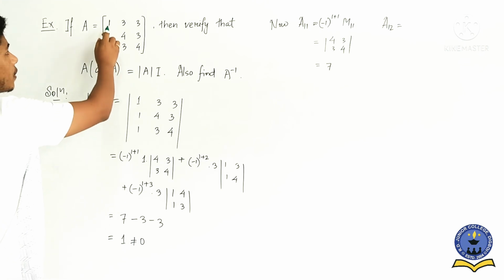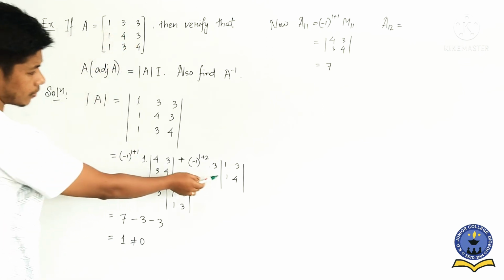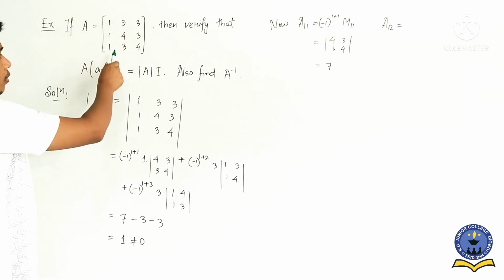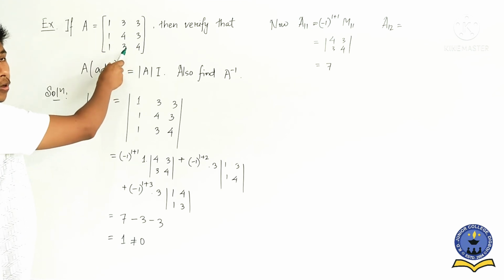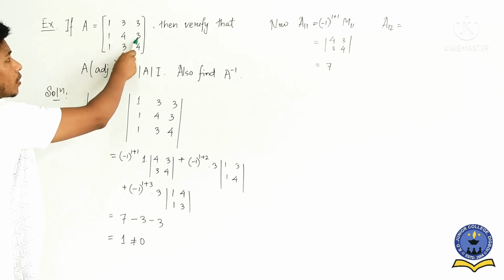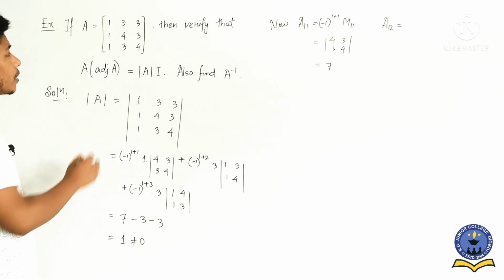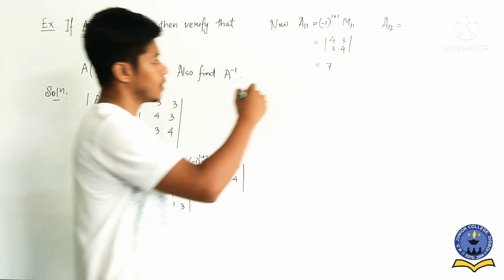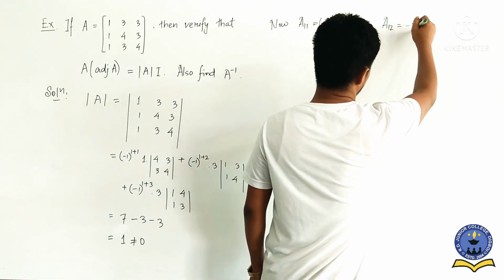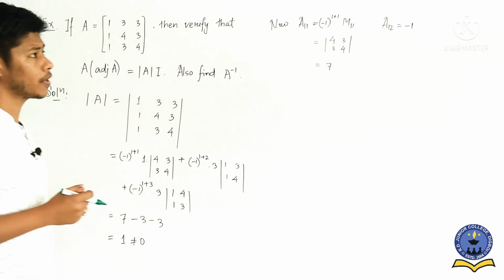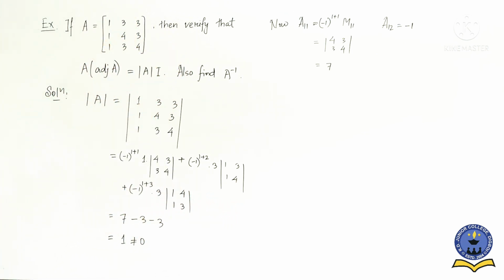Omitting the first row and second column, we get 1 into 4 minus 1 into 3, which is 4 minus 3, so 1. Already the minus sign is there, so we directly write minus 1. All of you understood this? A12 equals minus 1, isn't it?